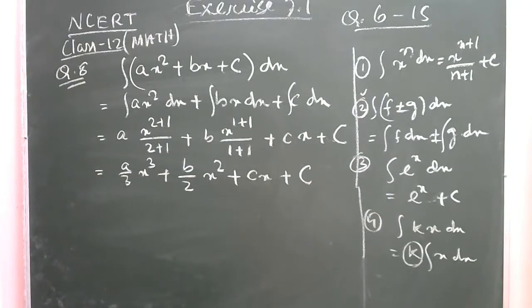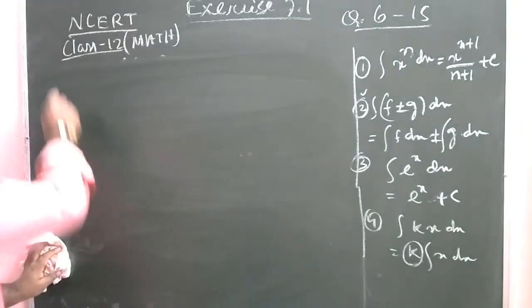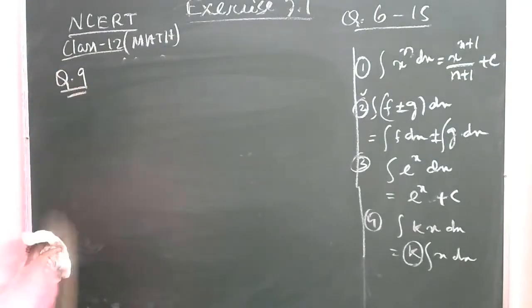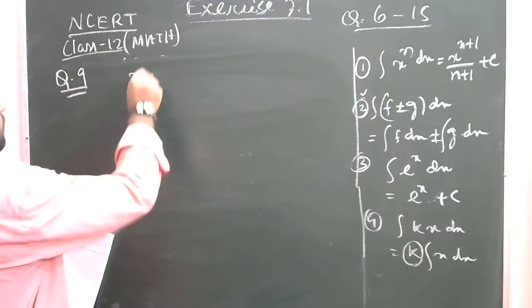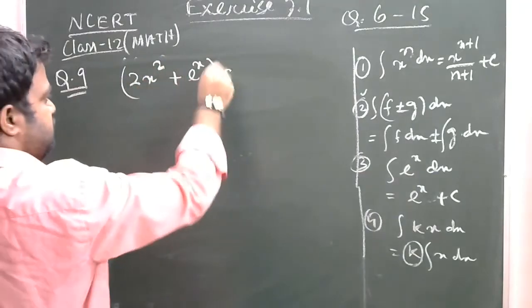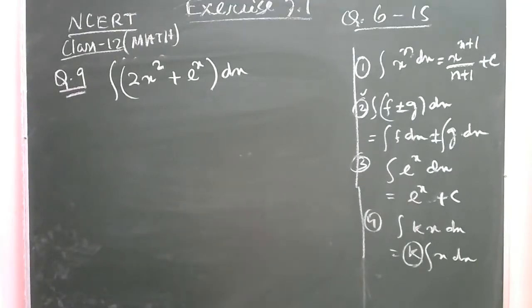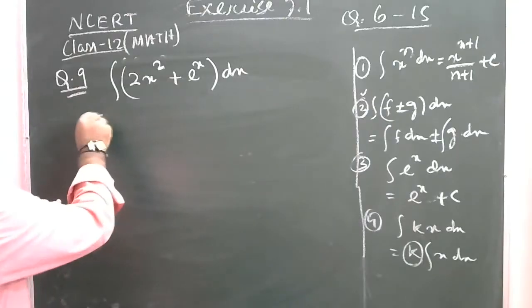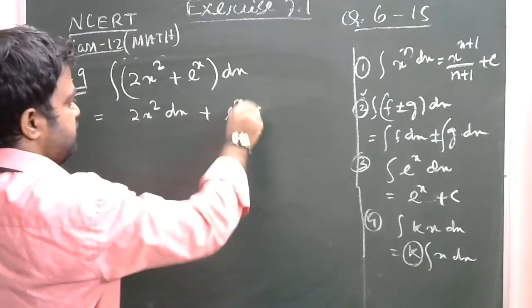Question number 9. Two x square, very easy, e to the power x dx. Directly you can do it, but let's do it in an elaborate way.